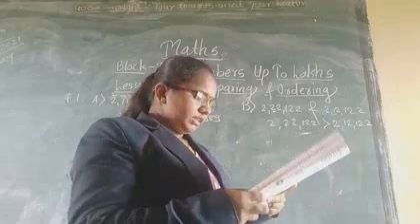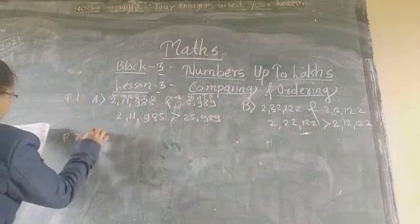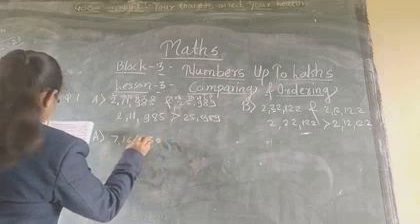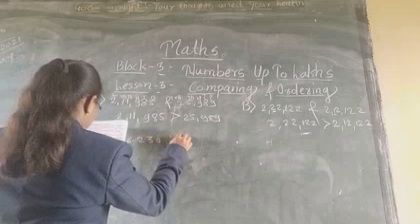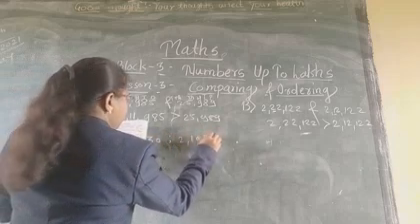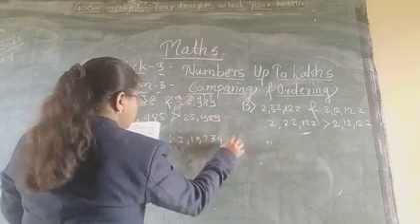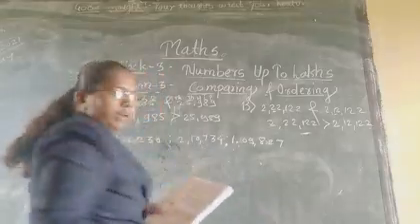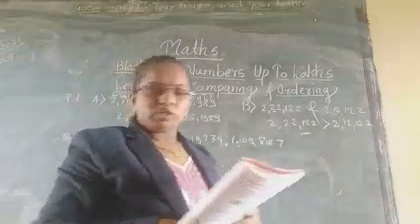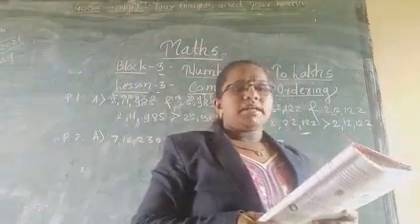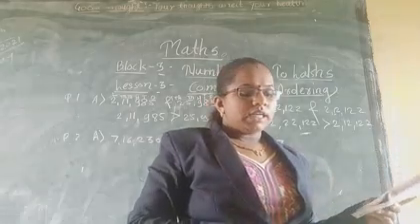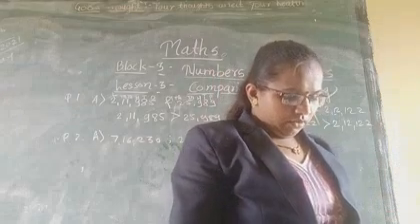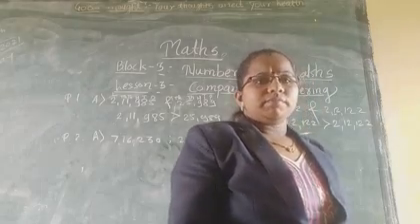Question 2A gives the numbers: 7,60,230, then 2,10,734, then 1,09,827. Here we write the numbers in the place value table and then arrange them in order. First of all we arrange these numbers in a place value table.